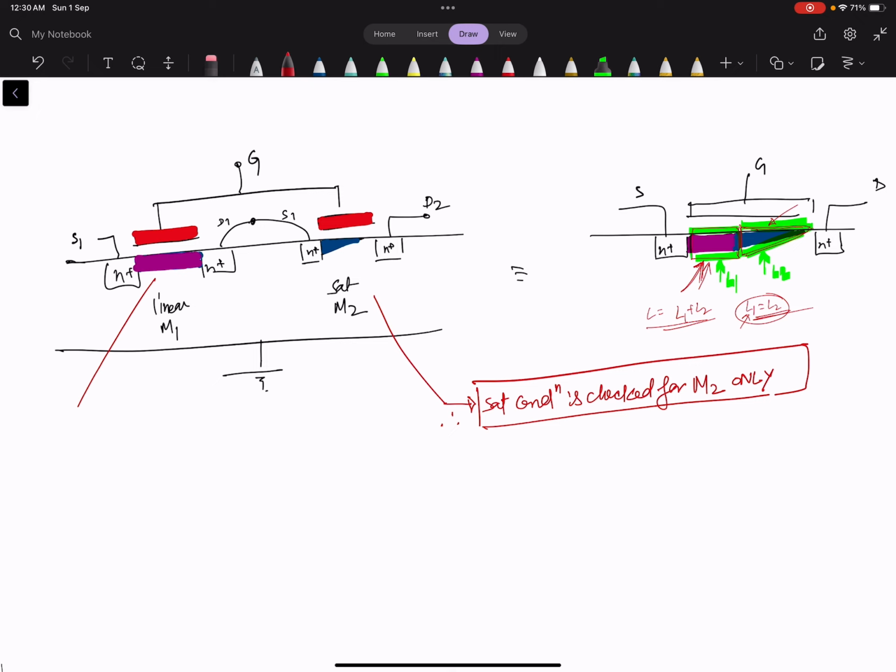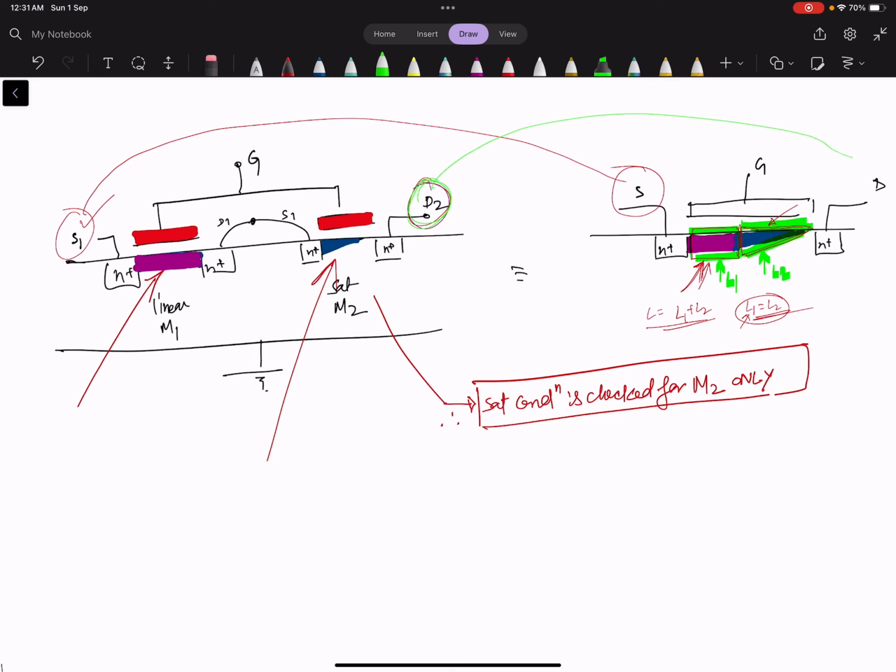So what we can observe here is that this is one device and this is the second device. If you see closely the connection between the gate, this is one device where this source is equal to this source, and this drain is equal to this drain, and the gate is also made the same.